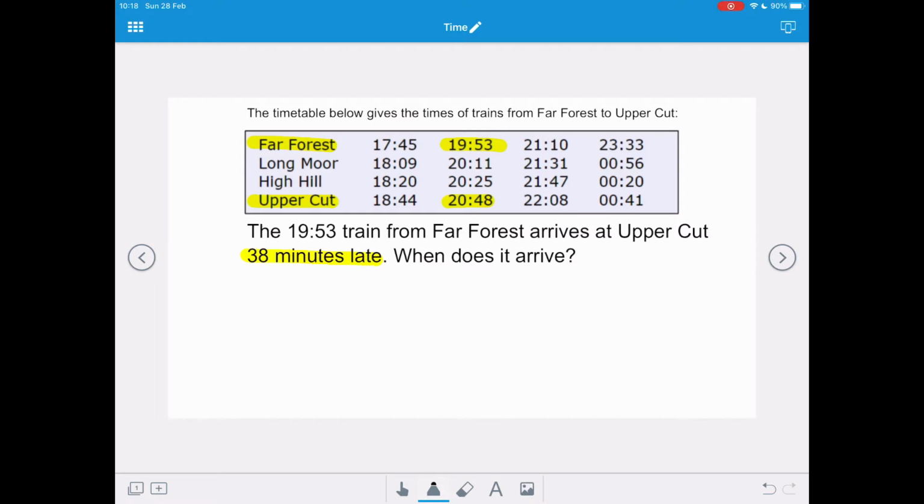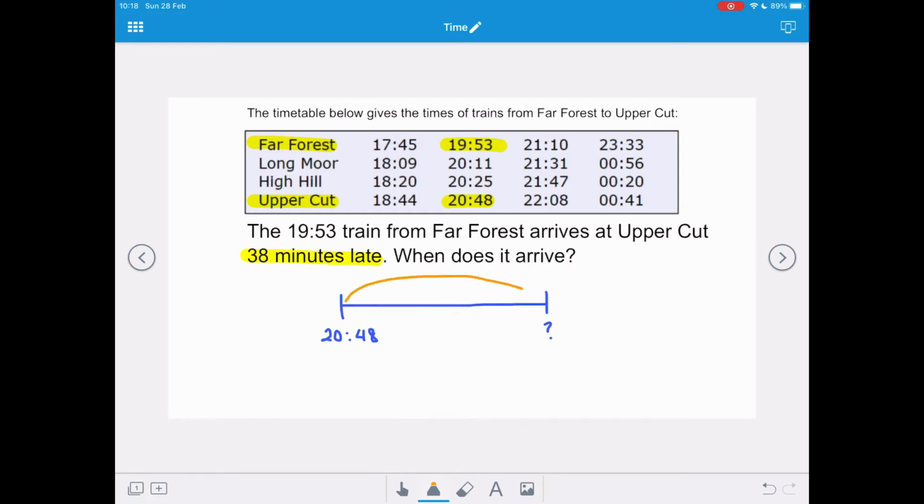So we want to draw our timeline, and we're going to start at 20:48, which is the time the train should have arrived at Uppercut, and we're going to add on 38 minutes to work out when the actual arrival time was.